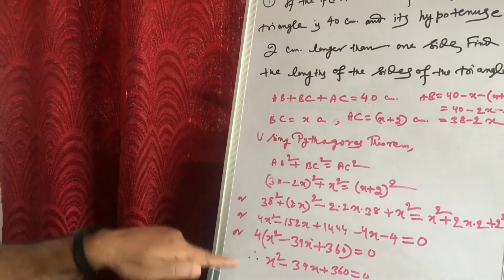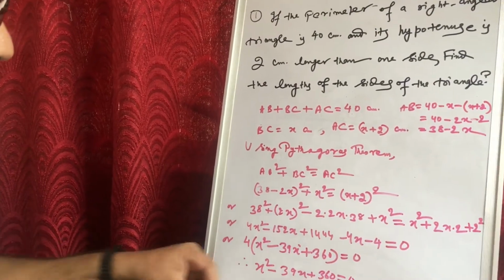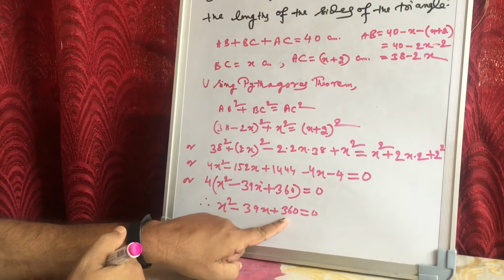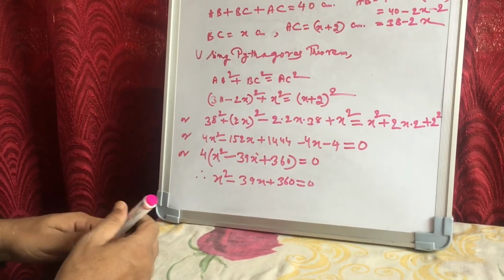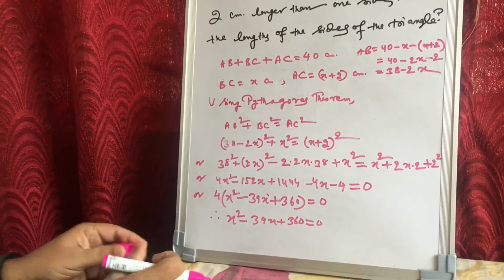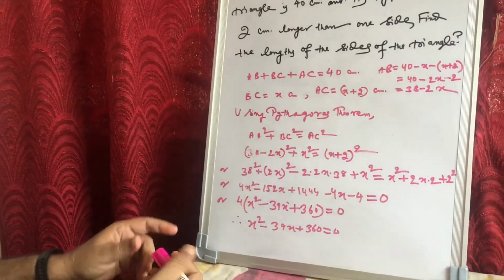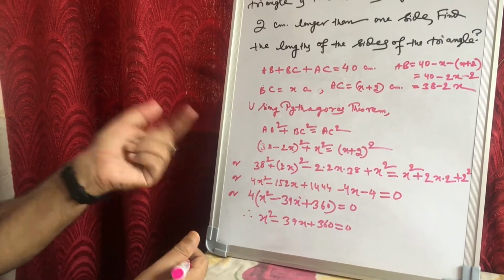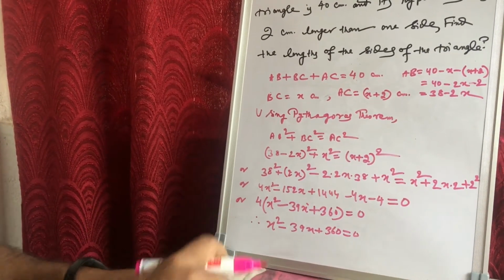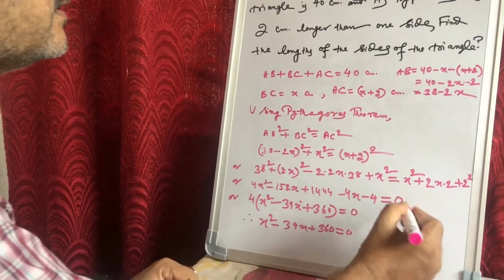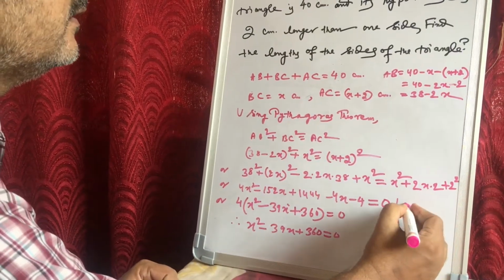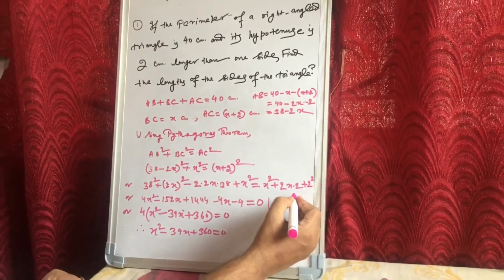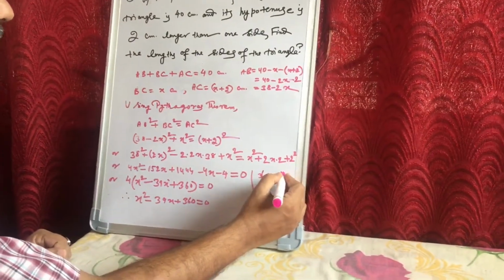So this is the final quadratic equation. Then I have to find the two factors of 360 whose addition or subtraction will be 39. Now see, 360 is equal to 24 into 15.